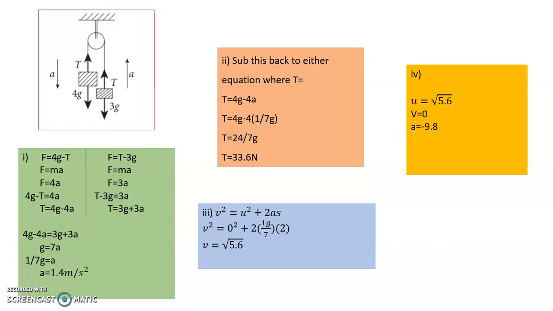At the end it's going to stop, so that means our v is 0. And our acceleration this time, the only force is going to be gravity, so minus 9.8. We sub that into v squared equals u squared plus 2as again, and we get that our distance is 2.7 meters.